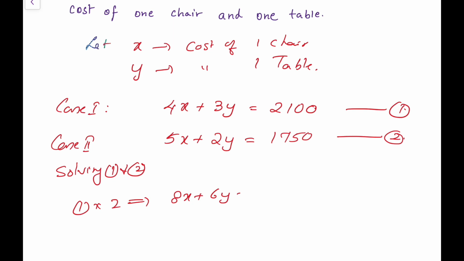So 8x plus 6y equal to 4200, and the second equation with 3. So 15x plus 6y equal to 5250.